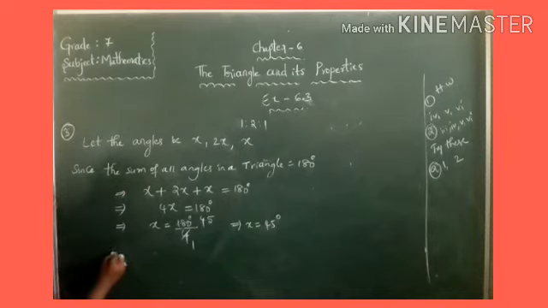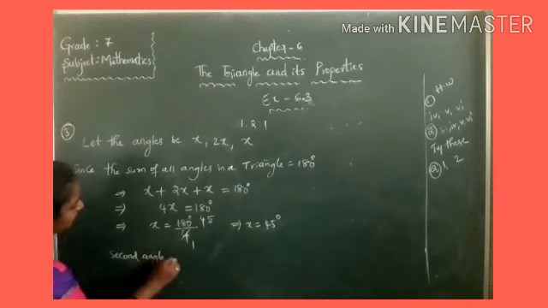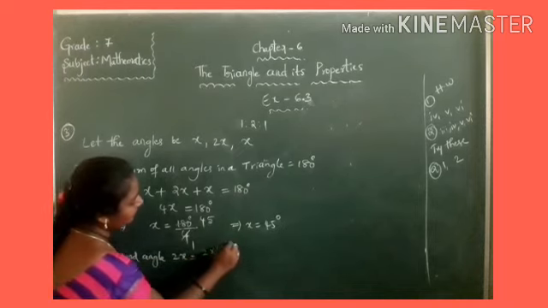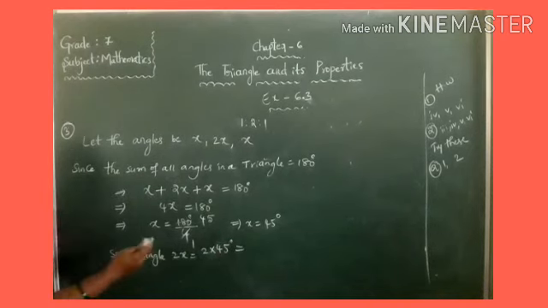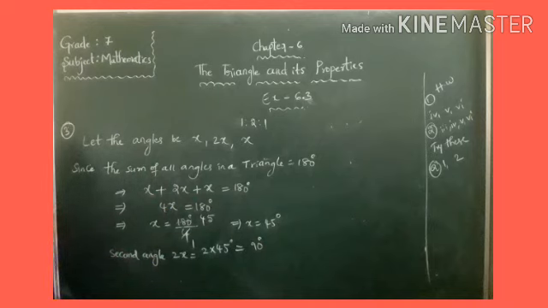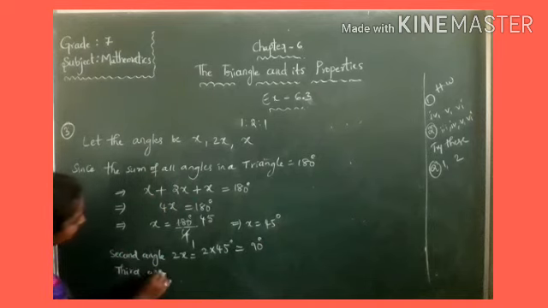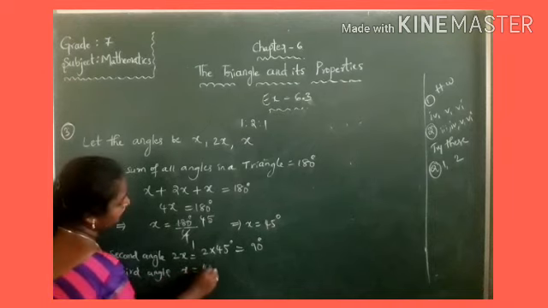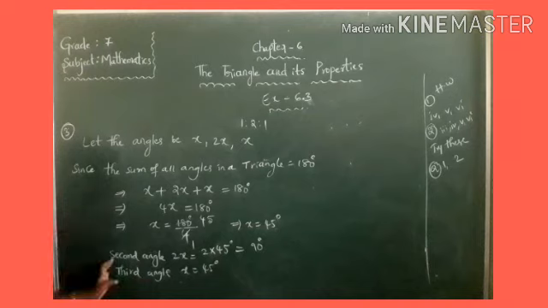The second angle is 2x, which means 2 into 45 degrees. 2 into 45 is 90 degrees. And the third angle is x, which you know is 45 degrees.